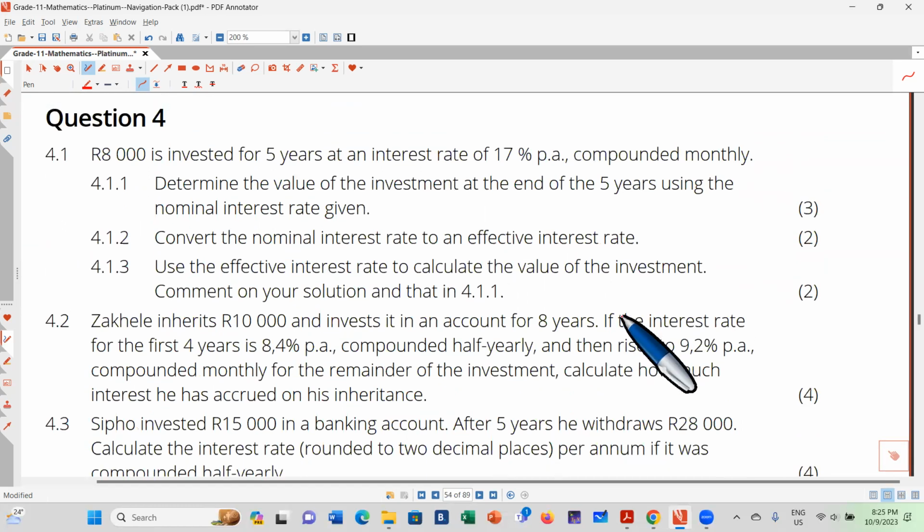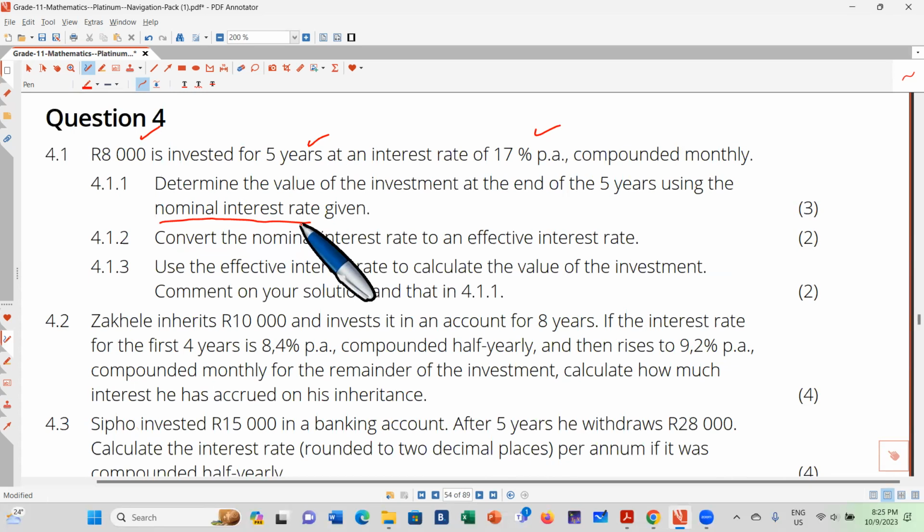8,000 is invested for 5 years at an interest rate of 17% per annum compounded monthly. Determine the value of the investment at the end of the 5 years using the nominal interest rate.